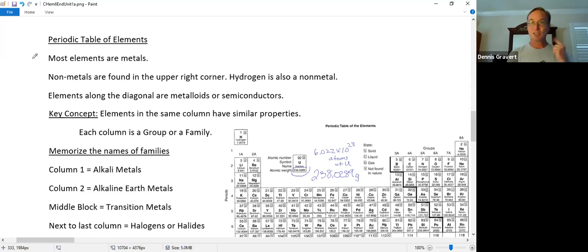Okay, what do we need to know about the elements and the periodic table? Well, first of all, most of those elements are metals. Some you're familiar with. So we go over here to the bottom right of the screen. We got Cu, which is copper. Below that is silver. Underneath that is gold. Oh yeah, you've heard of those, and they're all metals.